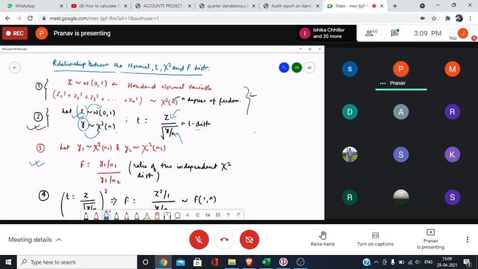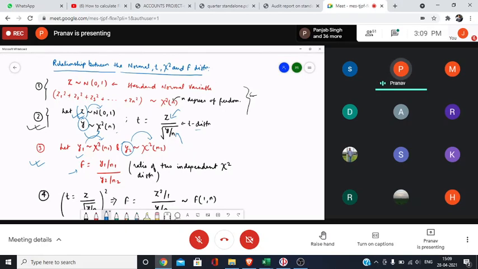So there's a variable y1 which follows a chi-square distribution with degrees of freedom n1, and there's a variable y2 which follows a chi-square distribution with degrees of freedom n2. So the f ratio is defined as the ratio of two independently distributed chi-square variables with their degrees of freedom. So f will be y1 upon n1.